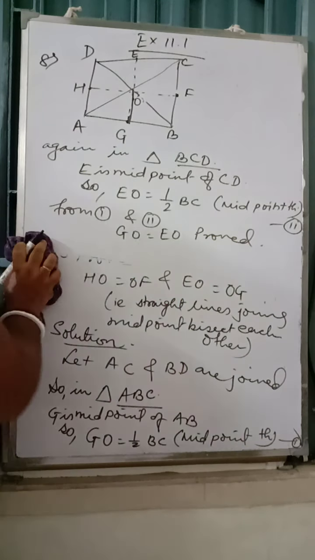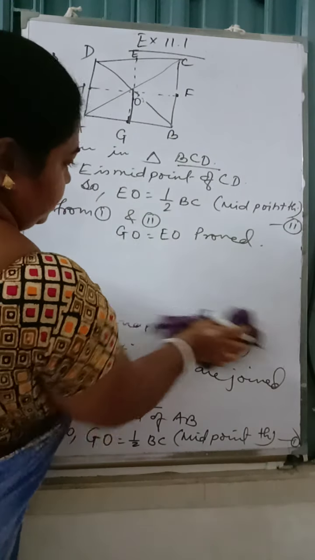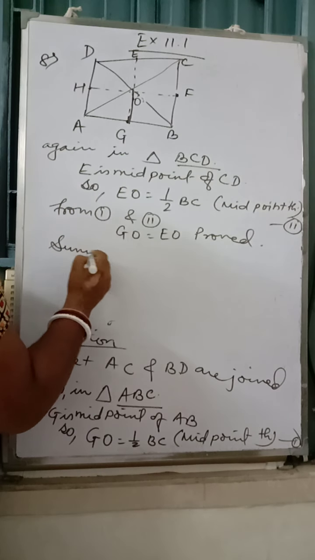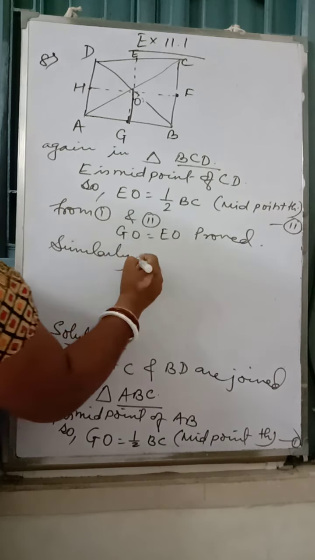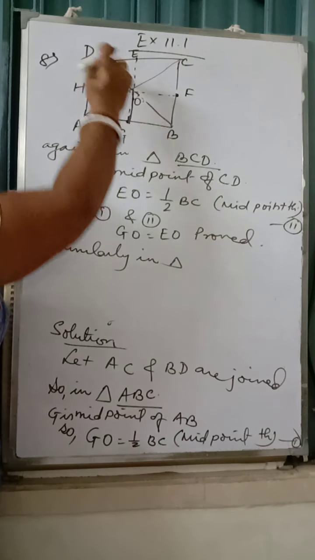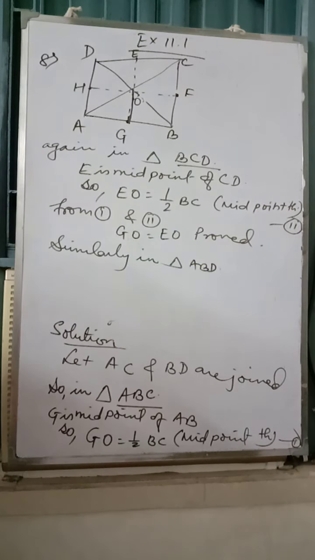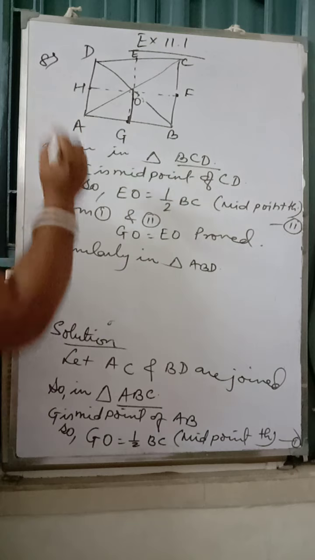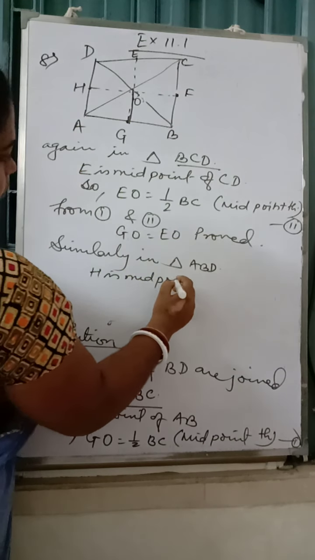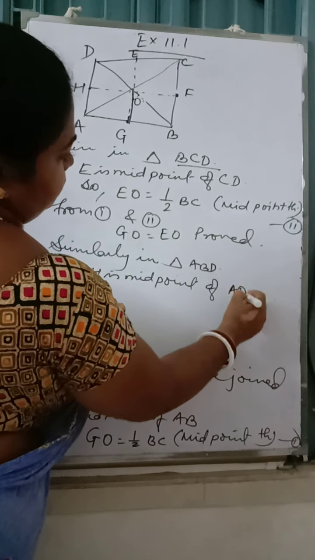Similarly, now this we proved, these are equal. Now in triangle ABD, H is the midpoint of AD.